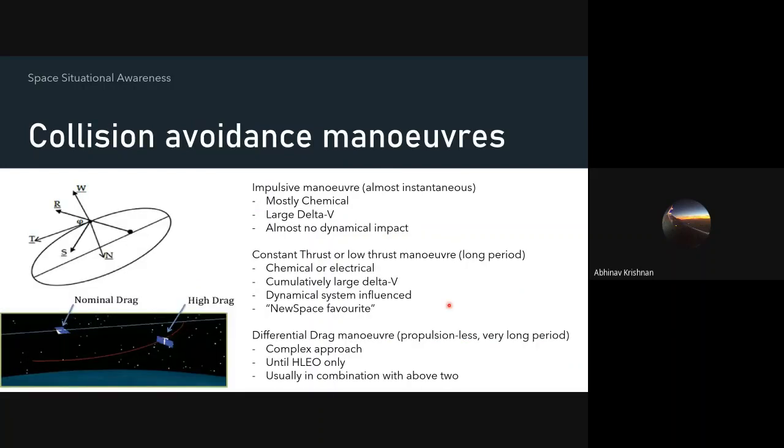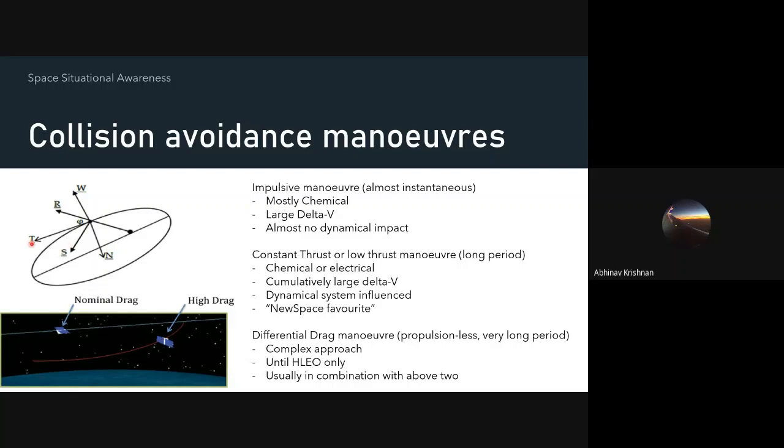Now let's come to the major one. It's called collision avoidance maneuver. This forms the basis for risk mitigation within space traffic management. On the left side, you would see the axes R, T, and N, and W, R, T, N, and T, N, W. Sorry, my mouse is malfunctioning.